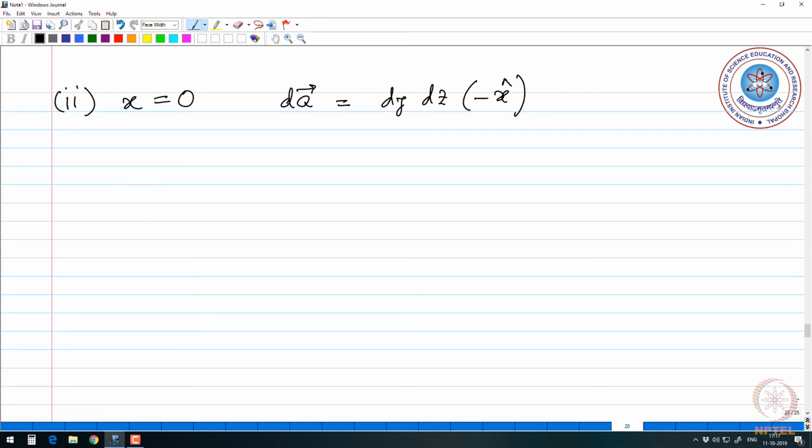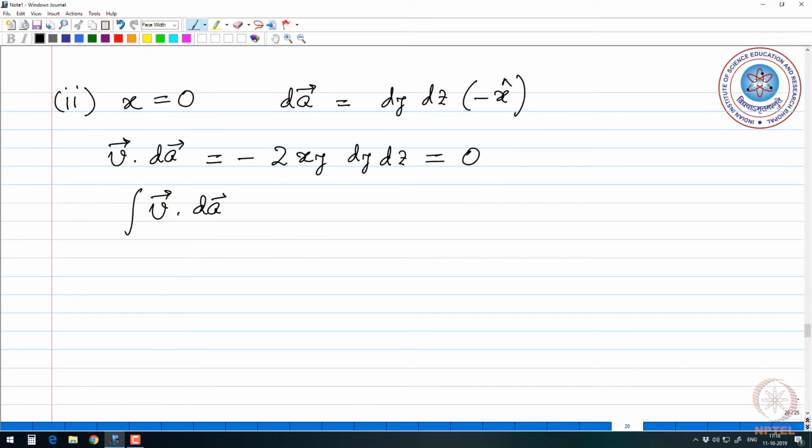We consider the outside of the surface to be the direction of the surface. So v dot dA becomes minus 2xy dy dz, and this is 0 because we have x equals 0. So the integration over v dot dA on the second surface clearly goes to 0.